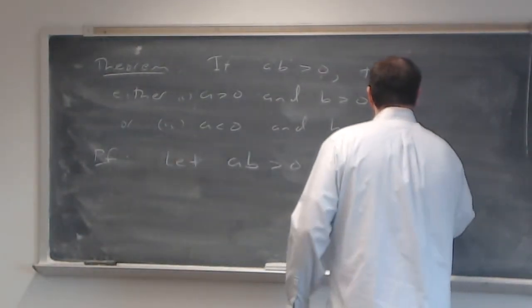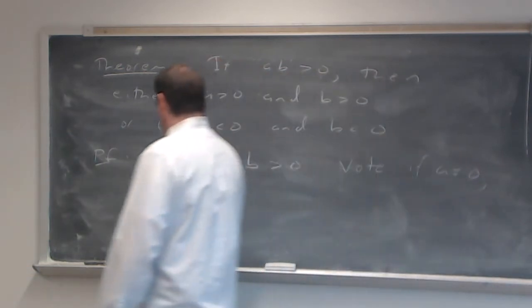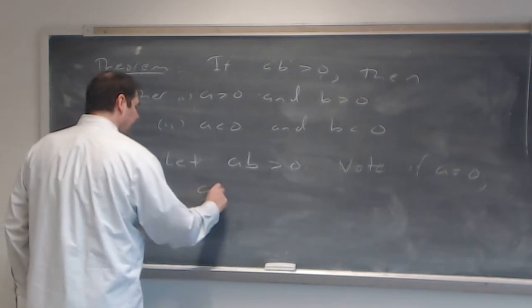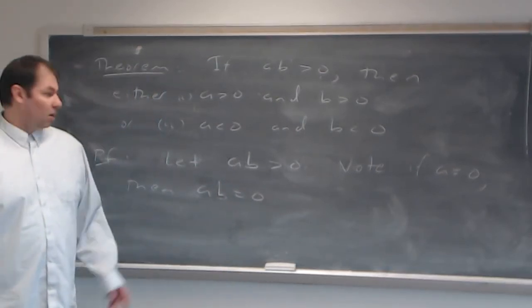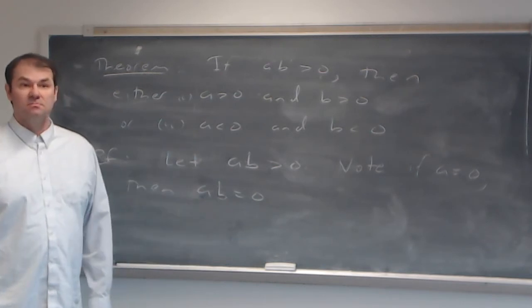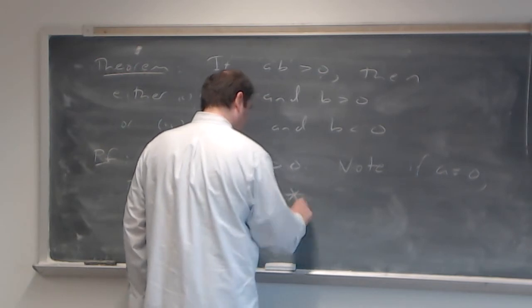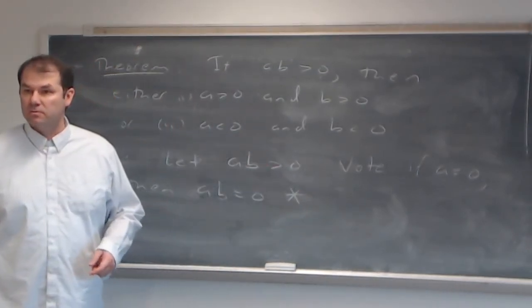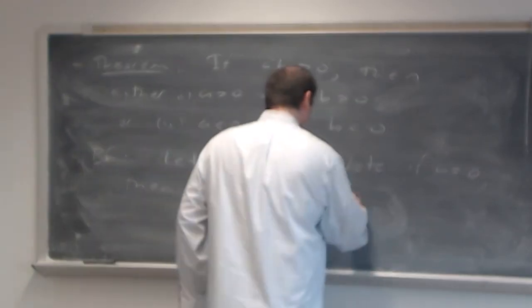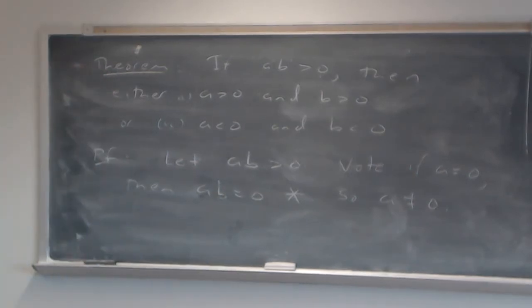Note, if a were equal to 0, then a times b would equal 0, because 0 times b is 0. But that's a contradiction, because we know a times b is greater than 0. So a cannot be 0. That's one thing I've learned.